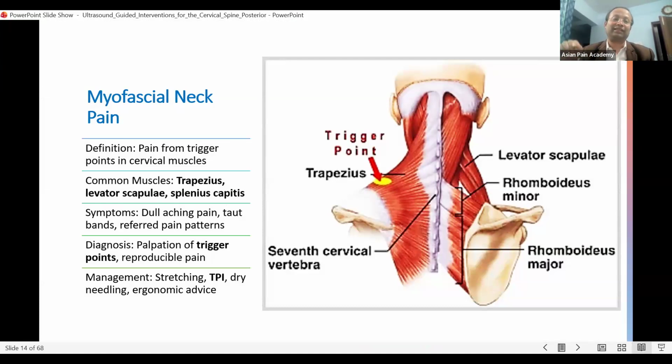There are some specific trigger points in the muscles where we can go for trigger point injection. So these three entities can come to us in a pain clinic, and Dr. Devjyoti will show you the facet joint intervention part and the occipital neuralgia.